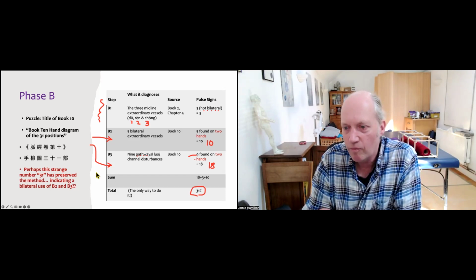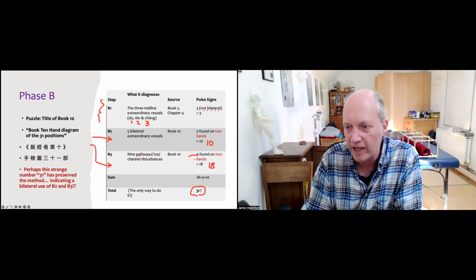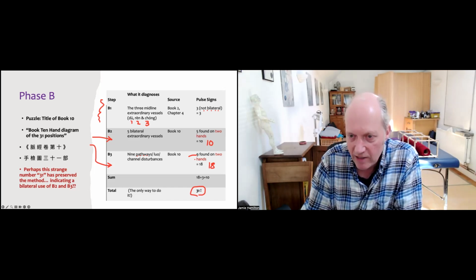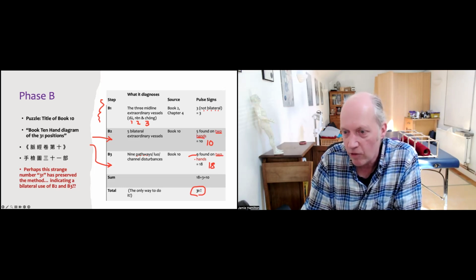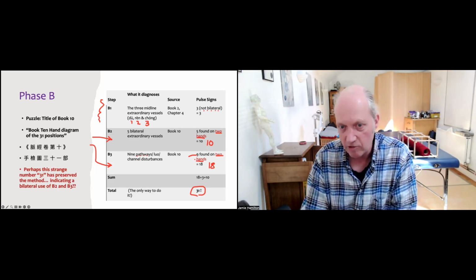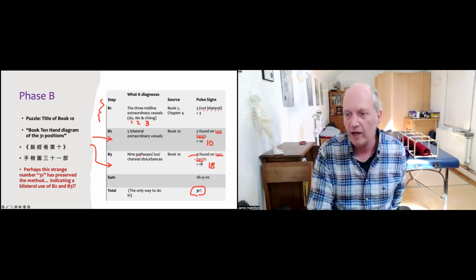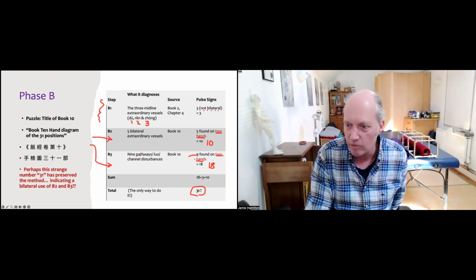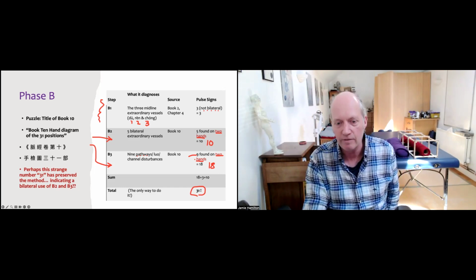So there have been a lot of people trying to figure this sum out. And I believe the key thing, why it is important, is this: on 2 hands. The 9 pathways found on 2 hands and the 5 bilateral extraordinary vessels found on 2 hands mean you have a possibility of all these different readings.